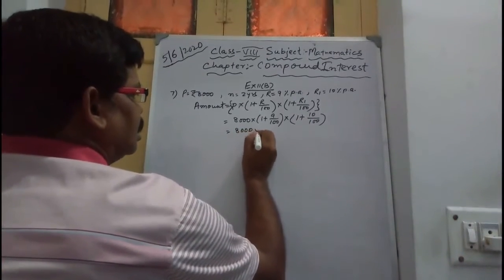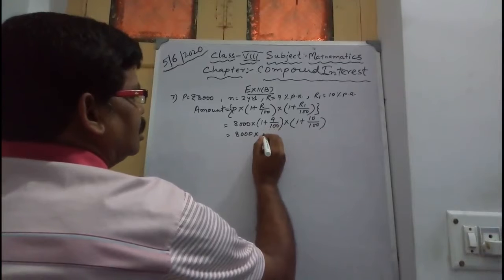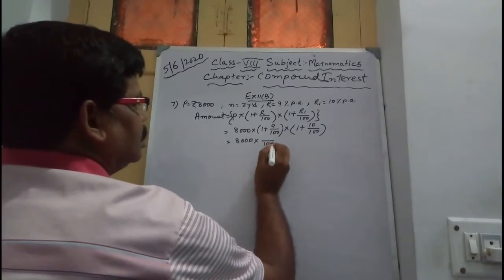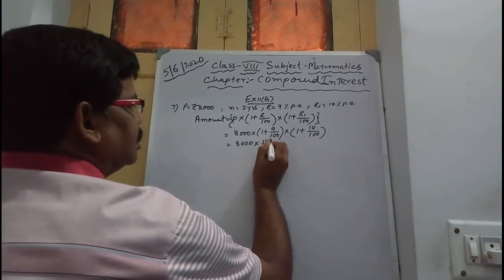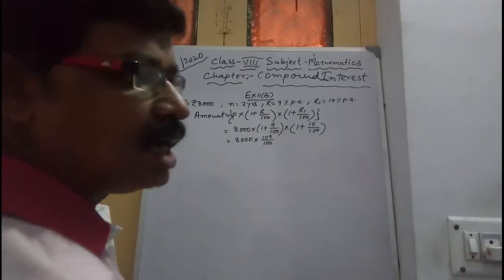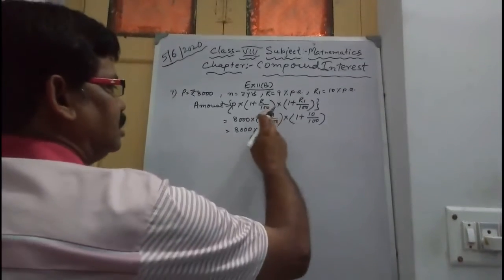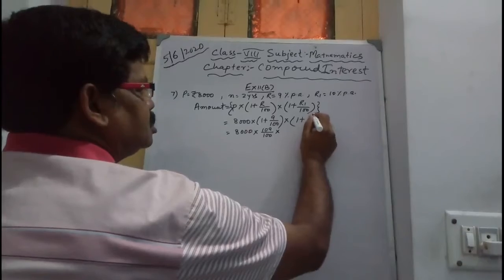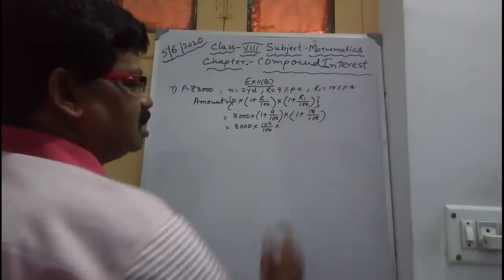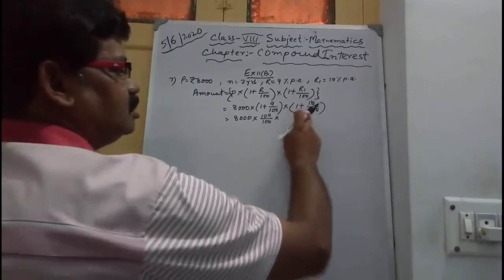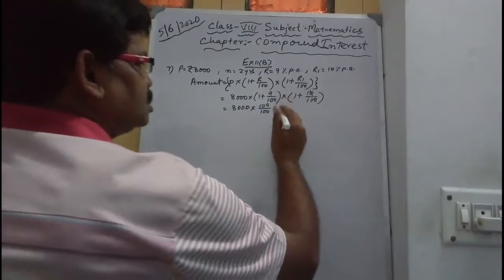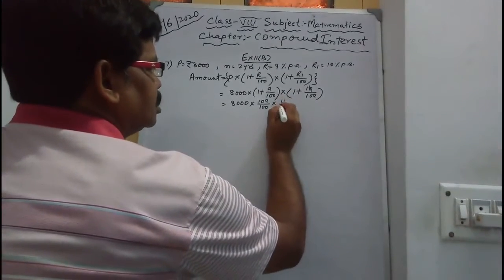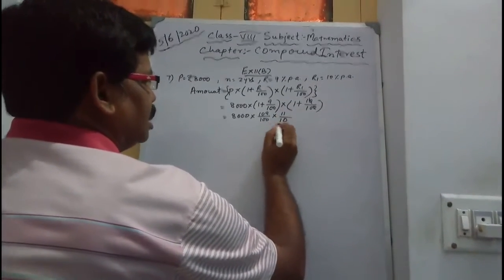8,000 into 100 plus 9, that is 109, into this 0, 0 cancel, so remains 10. 1 into 10, 10, 10 plus 1, 11, so it is 11 by 10.